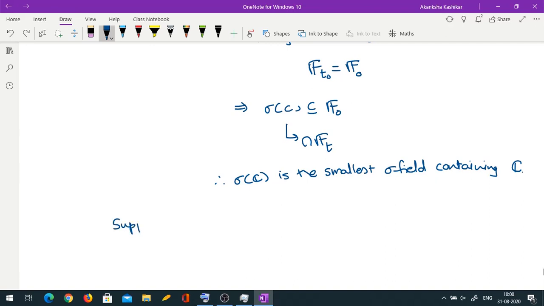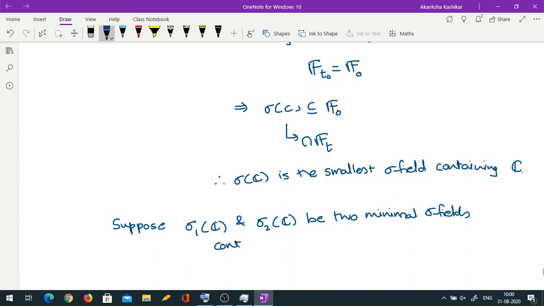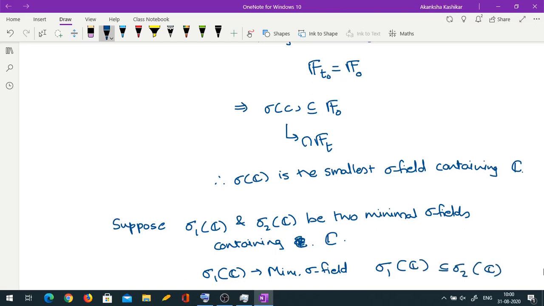So suppose sigma_1(C) and sigma_2(C) are two minimal sigma fields containing C. By definition, if sigma_1(C) is a minimal sigma field, it means that it is smaller than every other sigma field. So sigma_1(C) is a subset of sigma_2(C).